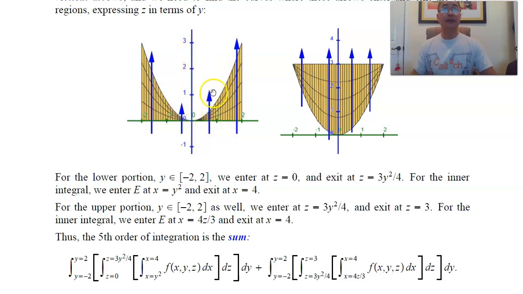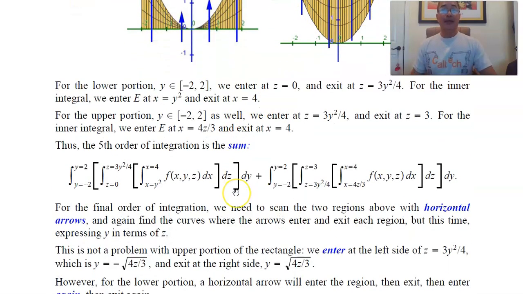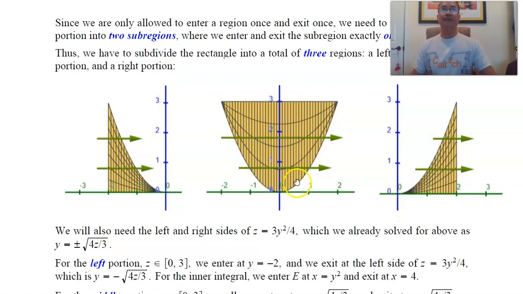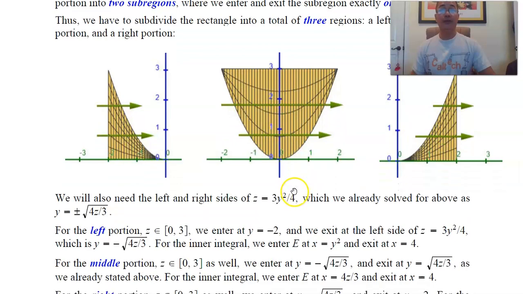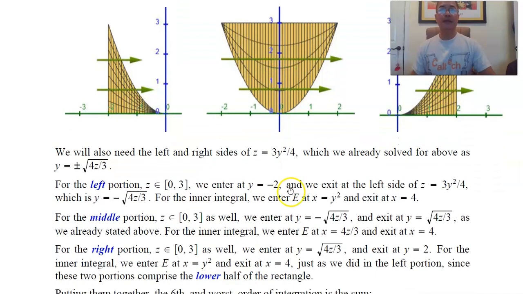Z is still from 0 to 3 and exiting at y equals 2. So we already know what to do there. Okay, so the final order of integration will have to be done in 3 pieces. And we already know the equations of those boundaries.